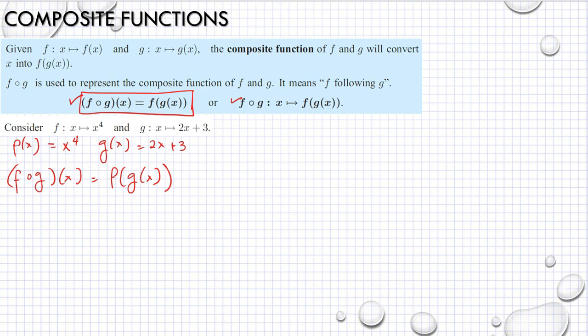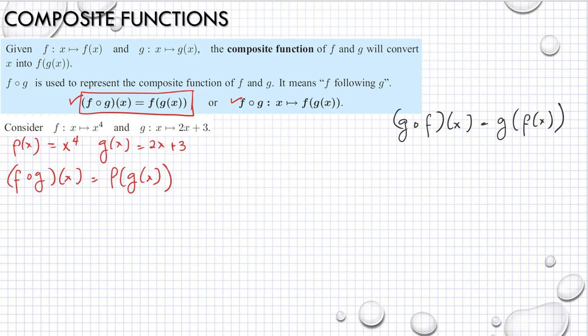Then we're going to compare that with the composite function of g and f, that means g of f of x. We're going to compare these two later, and then we can see what observation we can derive from the result.